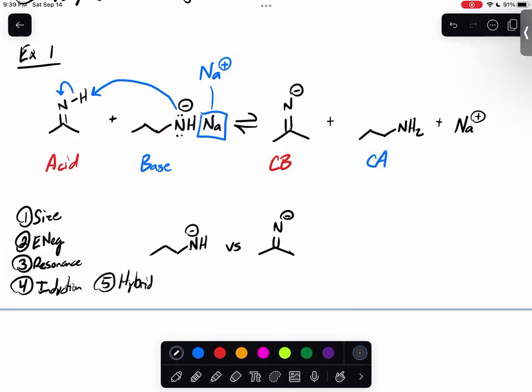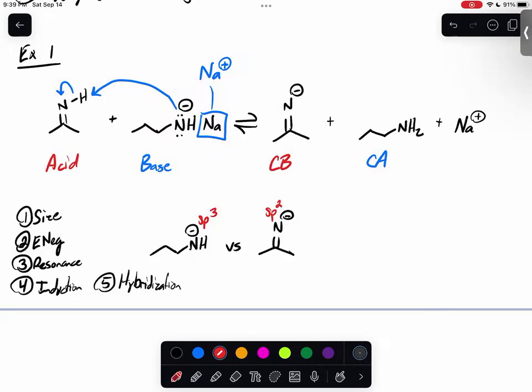Well, for this one, we do have a situation where these are different, right? The one on the left here is sp3 hybridized, right? Because remember that if it's just a negative charge, it's still sp3. It would have to have a pi bond to be sp2, and it can't do any resonance. The one over here on the right, on the other hand, has a pi bond. That means it must be sp2 hybridized.